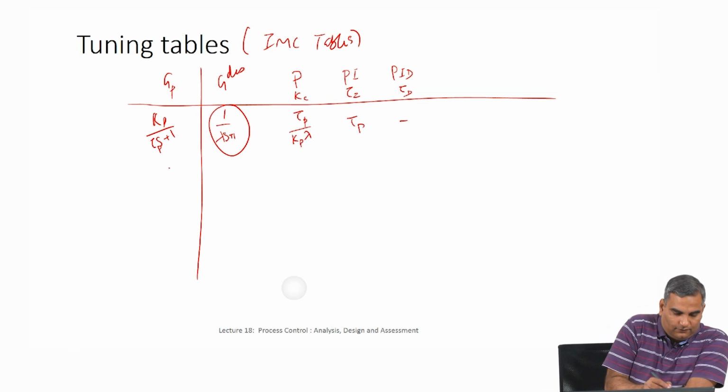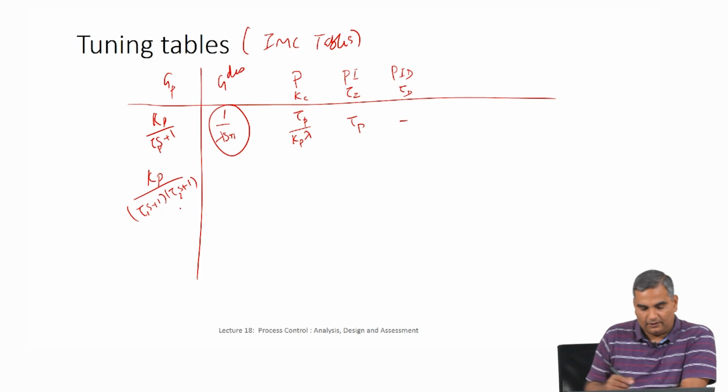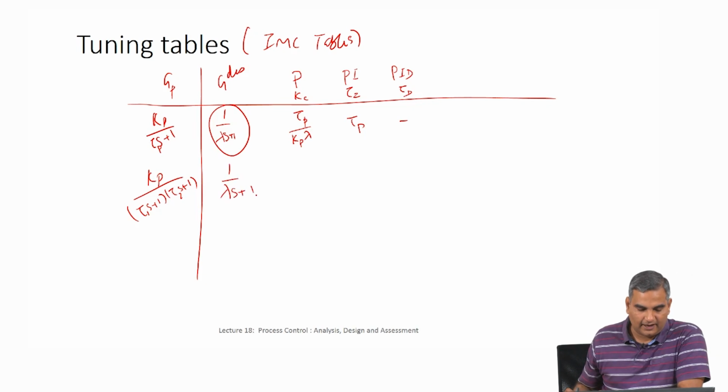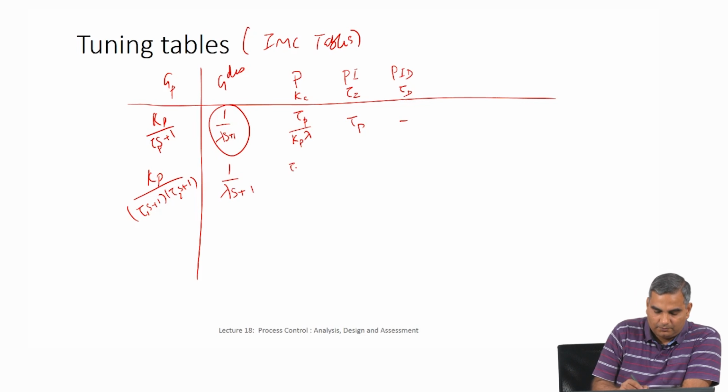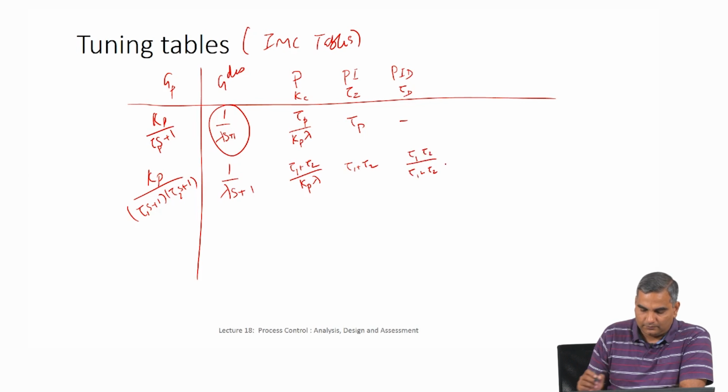Now if let us say you do a second order transfer function, tau 1 s plus 1 and tau 2 s plus 1. So if this is your second order transfer function, and then let us say your G desired is still the same, in this case this could be tau 1 plus tau 2 divided by Kp lambda, and this could be simply tau 1 plus tau 2, this could be tau 1 tau 2 divided by tau 1 plus tau 2, right.